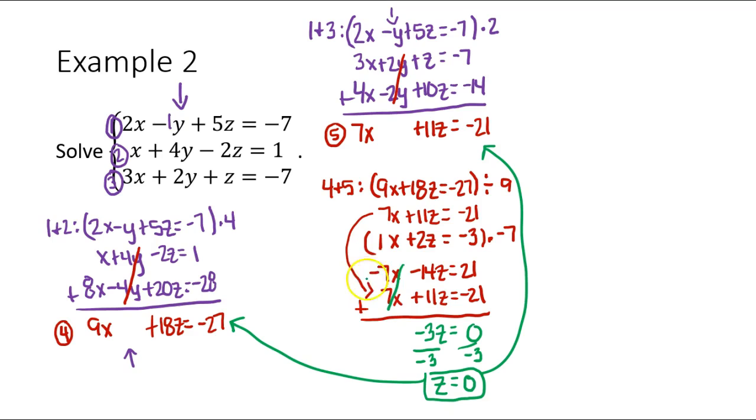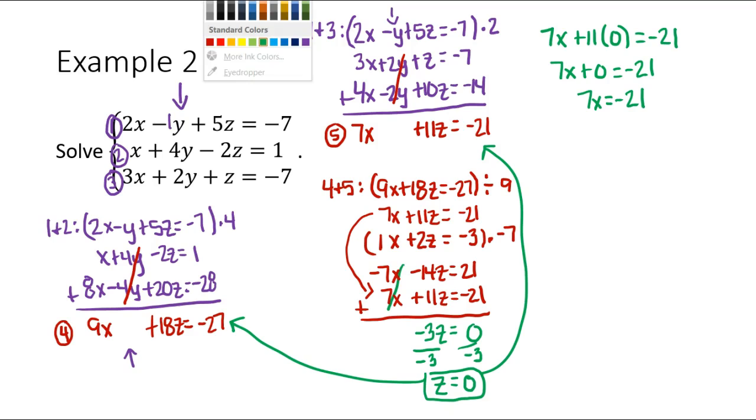All right, let's plug it into equation 5 here. We have 7x plus 11 times 0, that's the z I just found, equals negative 21. 7x plus 0 is going to be equal to negative 21. Well, 7x plus 0 is just going to give me 7x. And now I can solve for x.